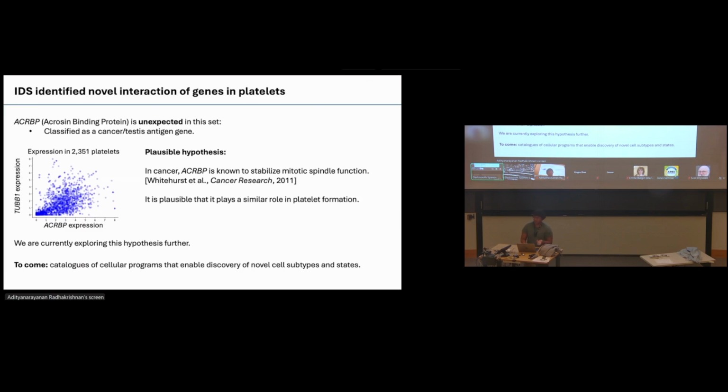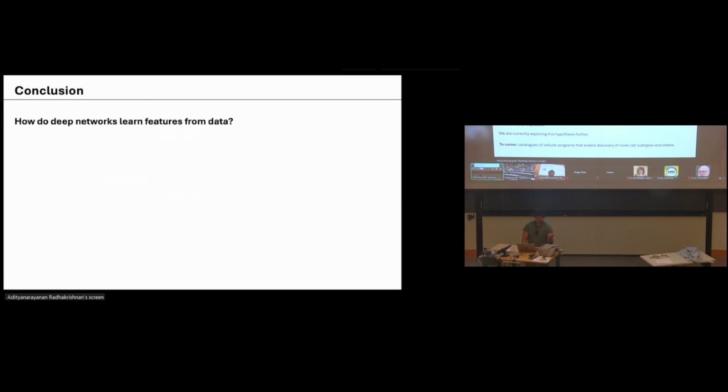But what's to come, which is what I'm very excited about with this type of research, is that now you have extensive new approaches for topic modeling in text. You can do something similar for large-scale atlases of single cell, and you can start to catalog cellular programs that enable the discovery of novel cell subtypes and states like this, instead of me manually looking through and doing this. In fact, we're doing a big push of building out these tools and having agents called LLM agents call them, giving you a seamless way to start to explain and identify interesting things.